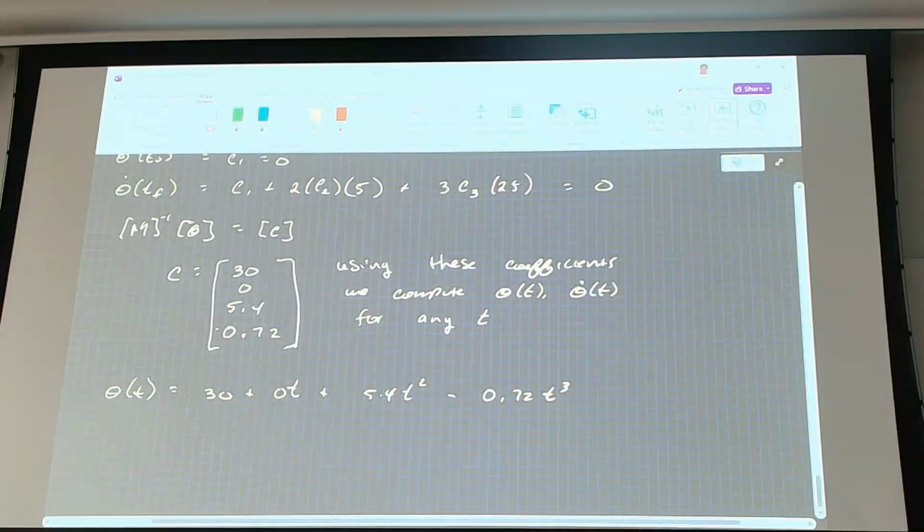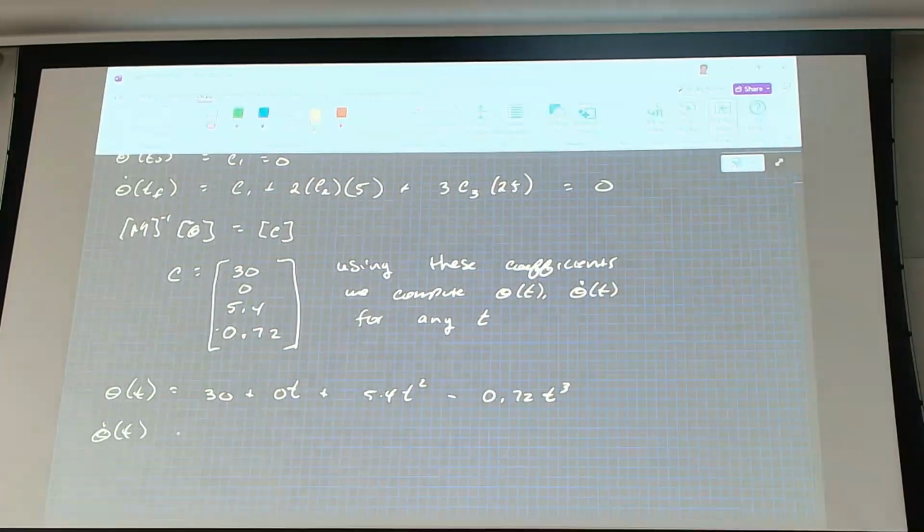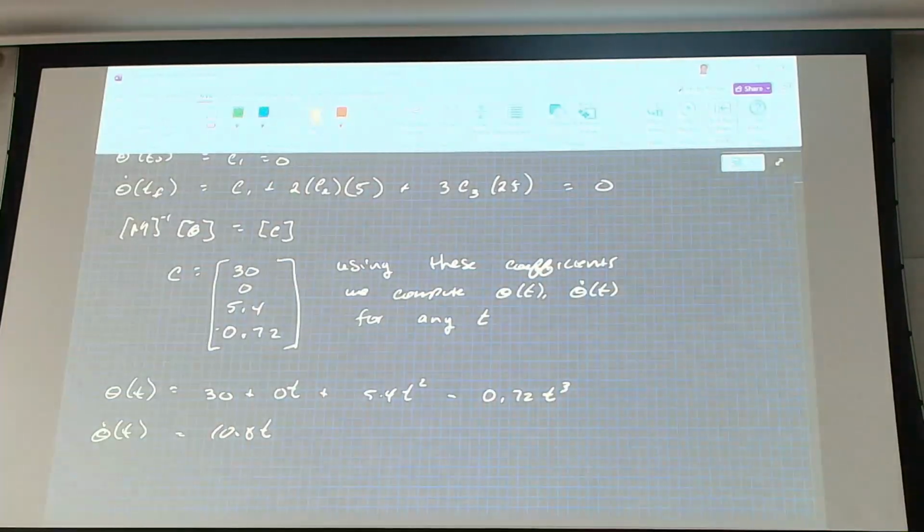I can also compute my theta dot of t, which becomes twice 5.4, so we're going to get 10.8 times t, and then 3 times the 0.72, which is going to be 2.16.